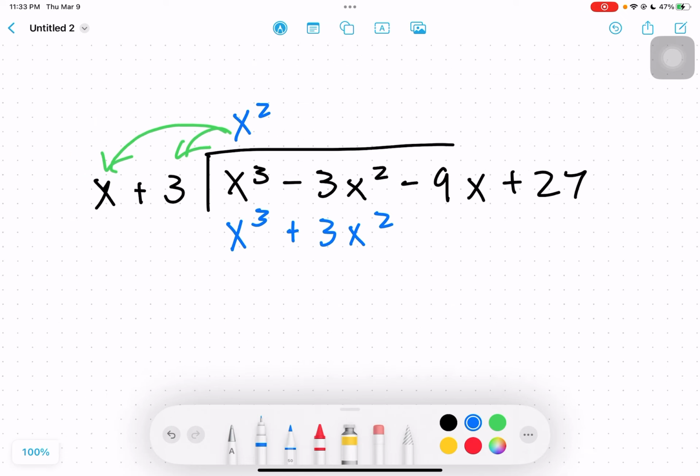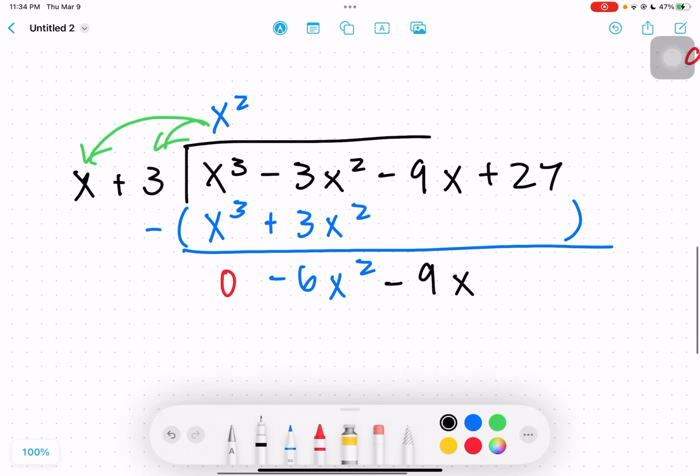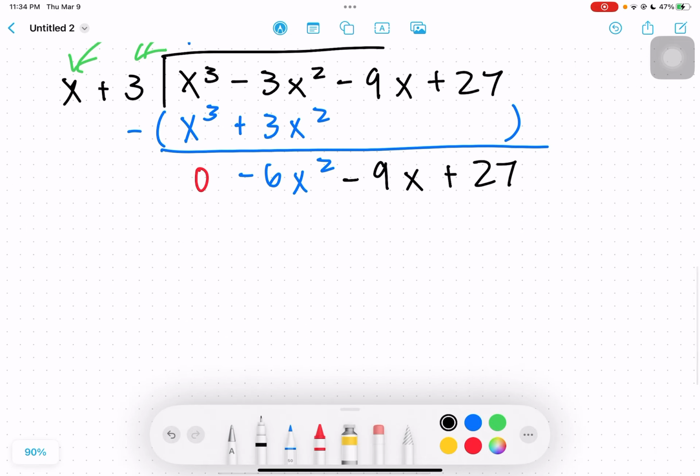Now you subtract. x cubed minus x cubed is 0. Then negative 3x squared minus positive 3x squared is negative 6x squared. And then you bring these two down.